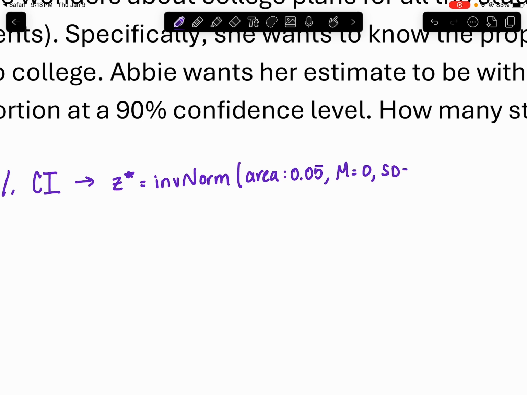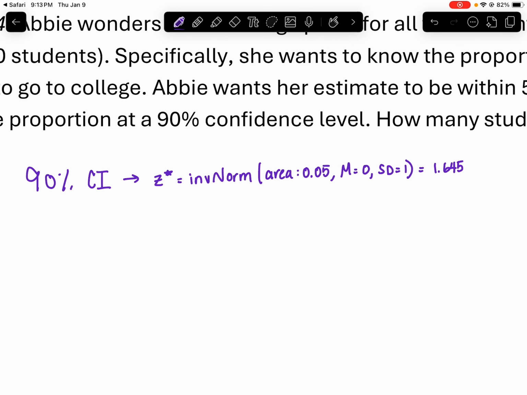Our standard deviation is 1. It is 1.645. And if you're asking yourself, yes, anytime we have a 90% confidence interval, the critical value is going to be 1.645, and whenever it's 95%, it's 1.96 or something like that. All right, so now we can substitute everything into the formula that's listed above.